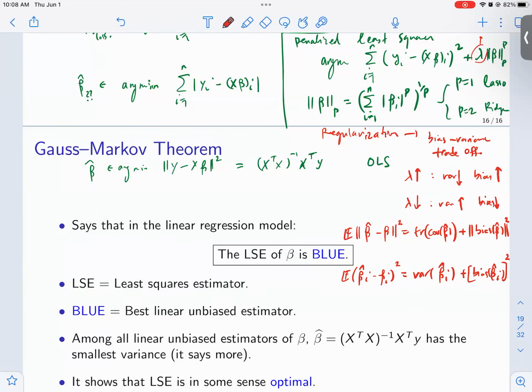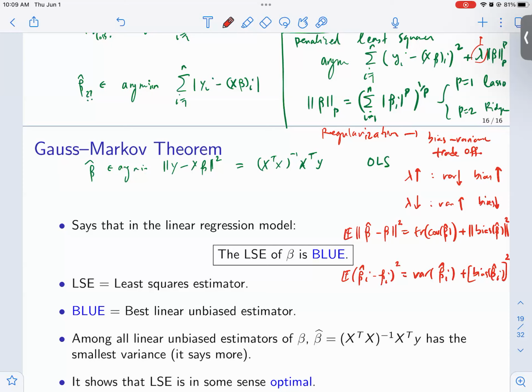I haven't proven it, but the idea of regularization is to minimize this by trading off bias for variance. So for the OLS, this part is 0. You get a particular variance. If I allow myself a little bit of bias, I might be able to reduce variance more, and so the sum might be smaller. That's the idea of regularization, which I did not plan to go over, but just as a side note.